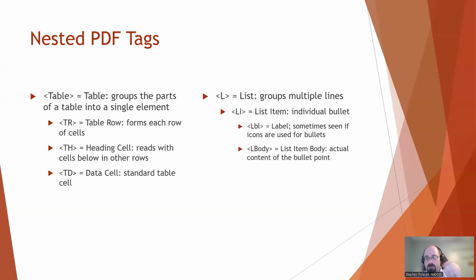If that's not there and you're using something like an icon or an arrow, it might try to read that as regular content, and assistive technology is not going to be able to interpret it because those usually don't have some kind of language equivalent. So it's not going to read arrow. It might just skip it or say unknown graphic. Whereas something like a bullet point, it recognizes that. So it'll just say bullet, and then read the text. So that's why a label might show up if you're using something different.